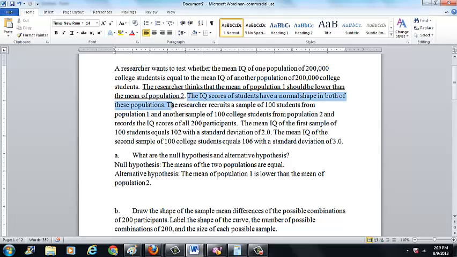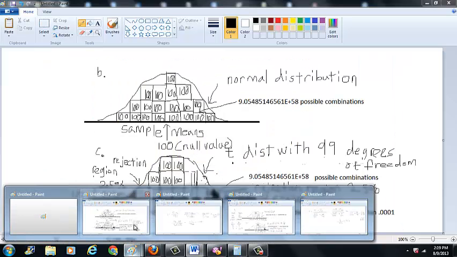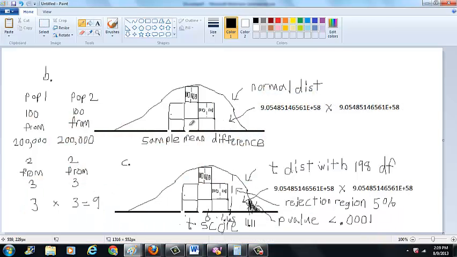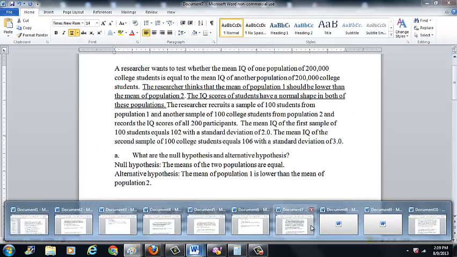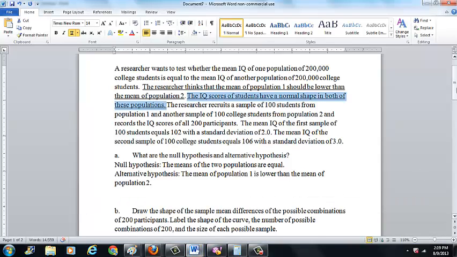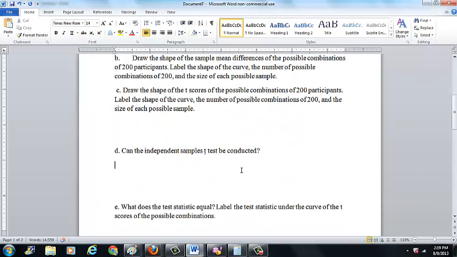The IQ scores of the students have a normal shape in both of the populations, which means that the shape in part B of the sample mean differences will be normal, and the shape in part C with the t-scores will have a t-distribution shape, which means that the test can be done. So it's yes.